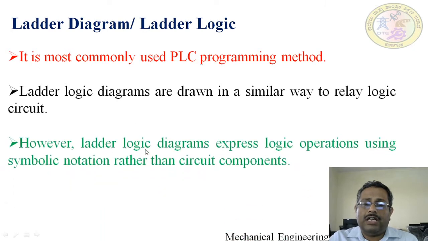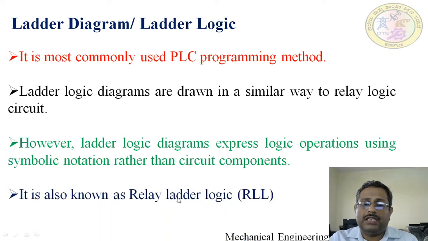However, the ladder logic diagrams express logic operations using symbolic notation rather than circuit components. Here we are not using circuit components like switches and output components like a bulb or something. Here we are using a symbolic notation to represent all inputs and outputs. That's why it is called relay ladder logic.